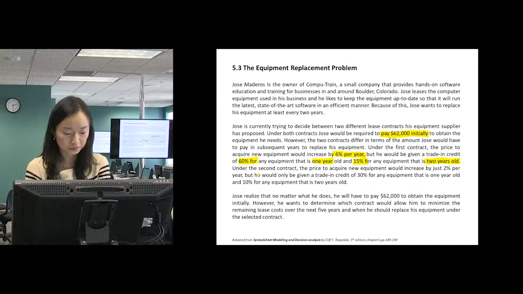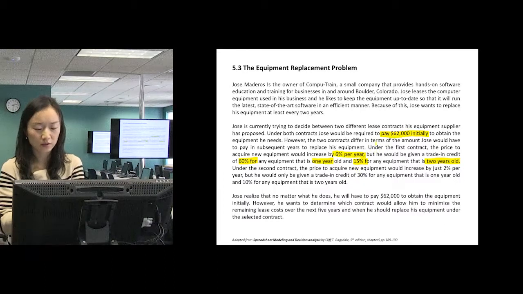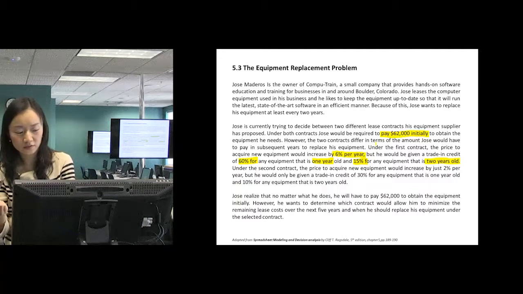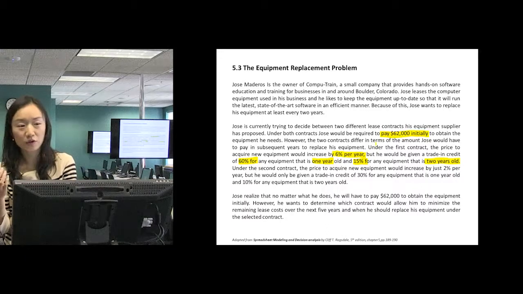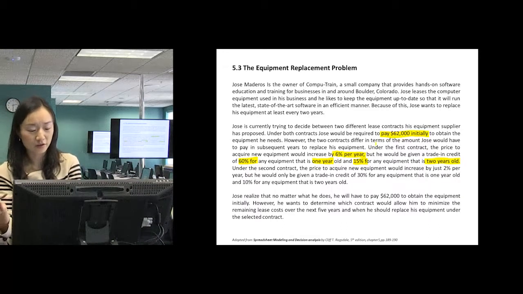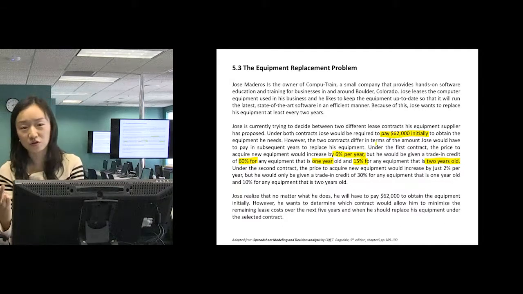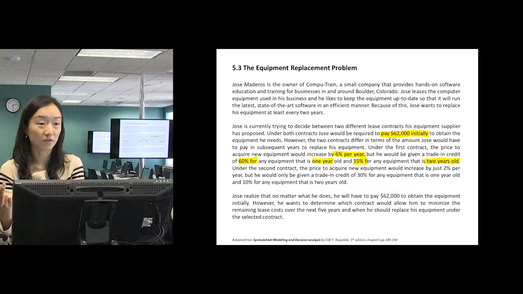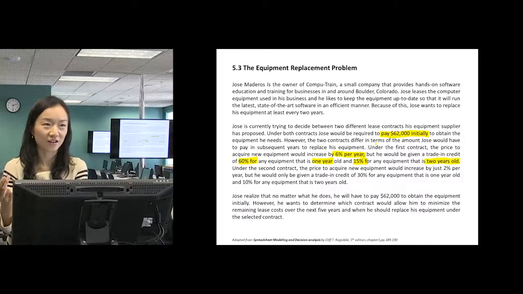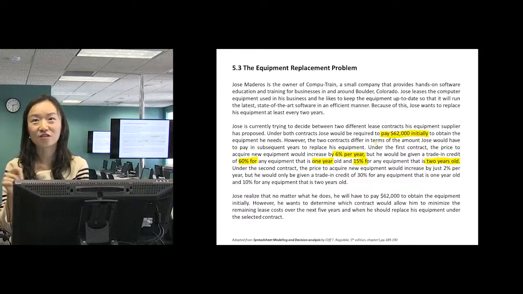Then he needs to decide which contract to use. But under each contract, for example the first contract, there are different options for trading in. He can trade in after 1 year every time, 1 year, 1 year, 1 year, 1 year, for 5 years, so he will trade in 4 times. Or he can trade in after 2 years, 2 years, and 1 year for the 5-year plan. Or 1 year, 2 years, 1 year, and another 1 year, and another 2 years.